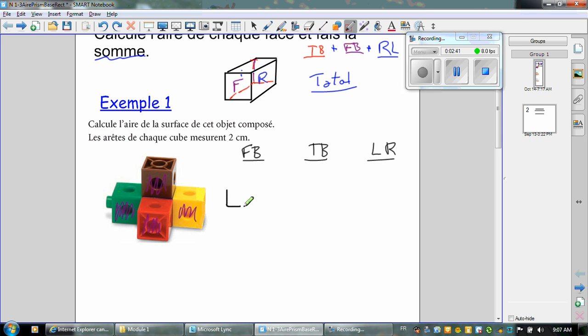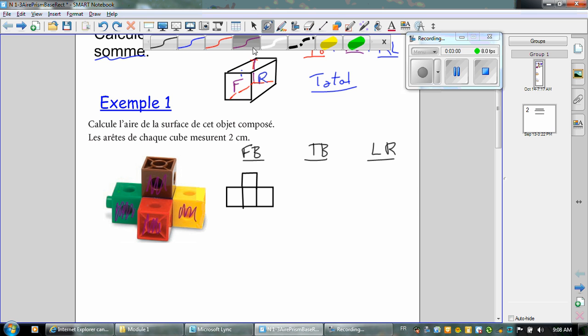I would see the three faces on the bottom, plus I would see the extra face on top. So that's what I would see. Now it says here that each side length is 2 centimeters, meaning that that's 2 and that's 2.